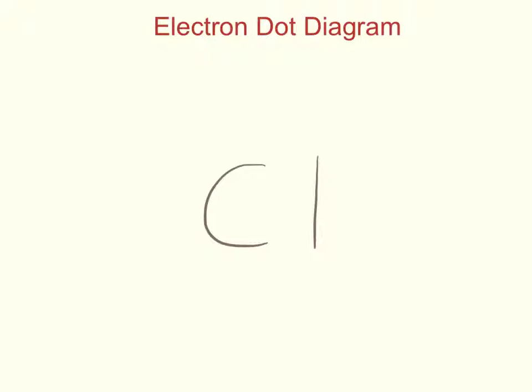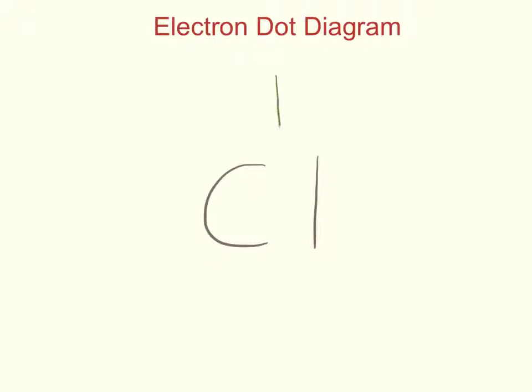Now we are going to draw electron dot diagrams. Remember in our last slide when we were drawing the Bohr-Rutherford diagrams, we now need to look at the valence electrons, which is on the last orbit. To draw them to show on a dot diagram, we draw dots in quadrants.